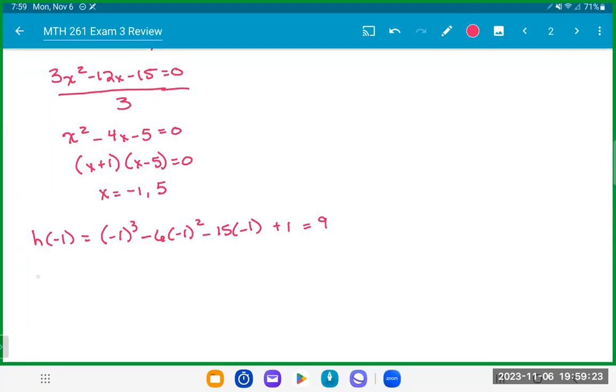Okay. We evaluate for our other critical point of 5. So this gives me 5 cubed minus 6 times 5 squared minus 15 times 5 plus 1. That gives me a value of -99.